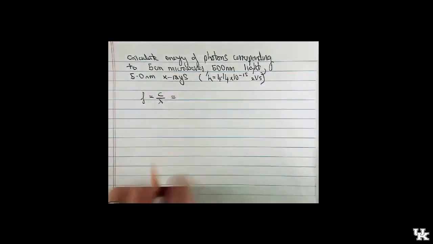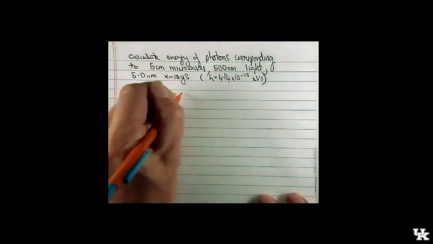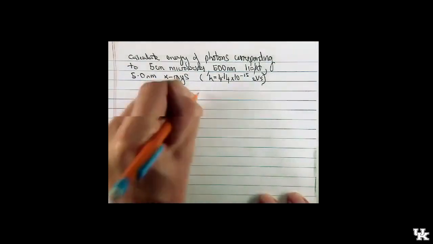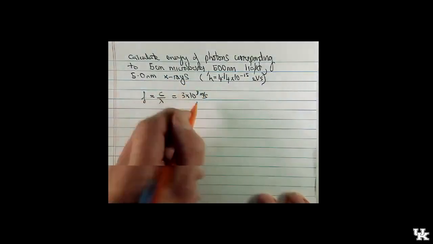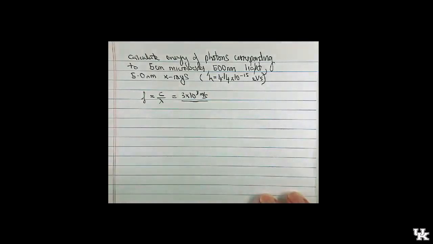That's this equation here. If you remember, for electromagnetic waves, the product of the wavelength and the frequency is the speed of the wave, the speed of light. I've just rearranged lambda f equals c to be f equals c over lambda. All I got to do is fill in the numbers. 3 times 10 to the 8 meters per second is the speed of light. Nobody can forget that till we die.